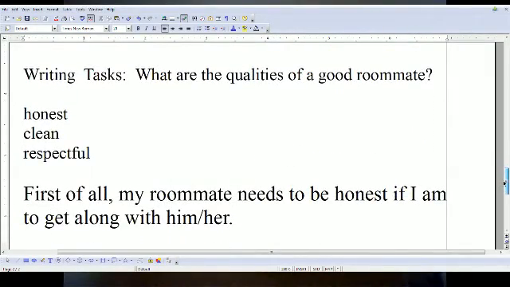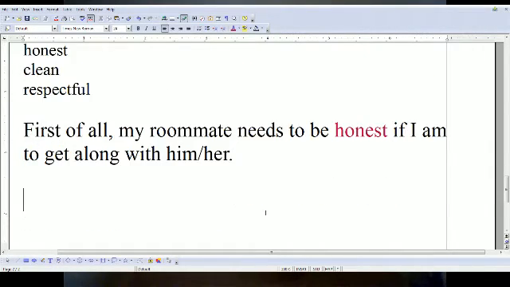So we have, what are the qualities of a good roommate? Notice that I'm creating some topic sentences for each of these here. Let's make this one this color. Then we'll go to the next one. Say, second of all.